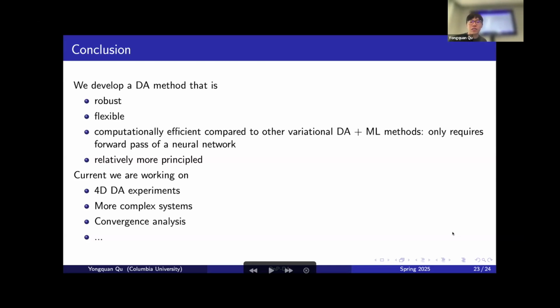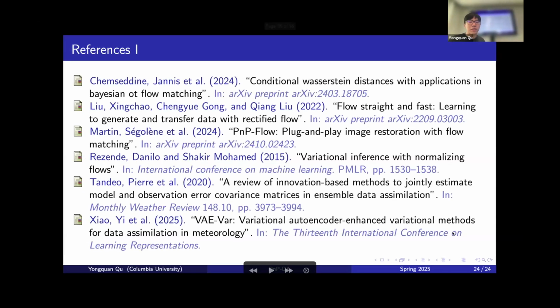We're also doing a convergence analysis that is almost there. Under some assumptions, you can show that the sequence generated by this optimization process is a Gaussian sequence, so you have a limit there. So that's all my presentation. Thank you.